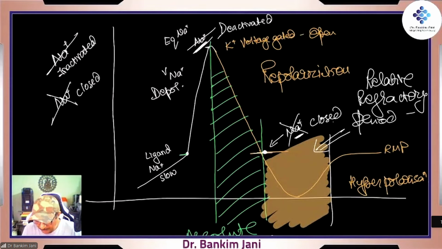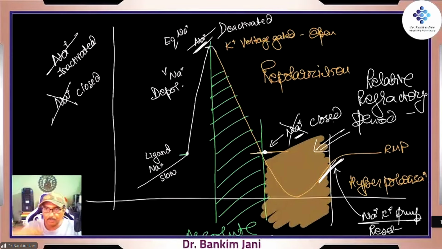Potassium will take it all the way down, and then the sodium potassium pumps will reset and restore the resting membrane potential. The pumps reset the system by throwing more sodium out and taking less potassium in, so it adjusts rapidly. Then the entire neuron is ready for the next firing. So this is the absolute refractory period and the relative refractory period.